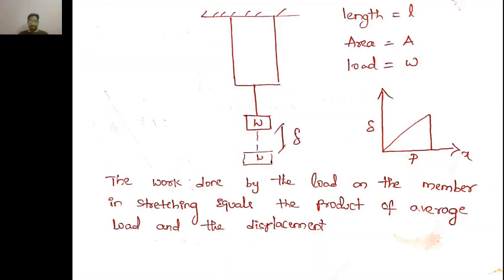Another way to get the work done: on the x and y axes, take the load on the x axis and displacement on the y axis. The area of this triangle is half into base into height, so half into load into deflection gives the work done also.